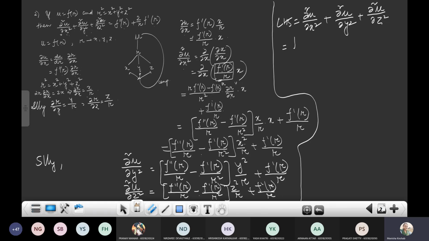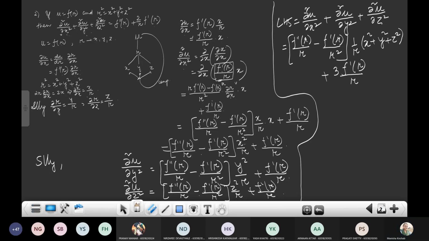So we can take common f double dash of r by r minus f dash of r by r square, and 1 by r also we can take common, and we can write here x square plus y square plus z square. The next terms are all three the same, so adding them we will get 3 times f dash of r by r.